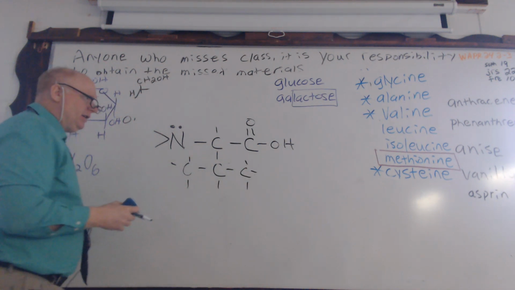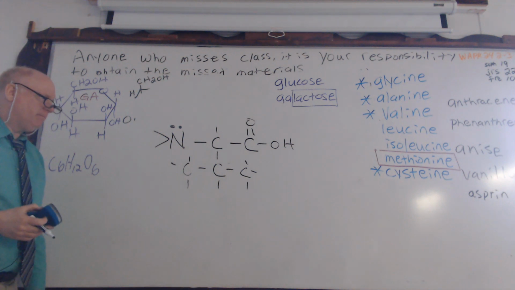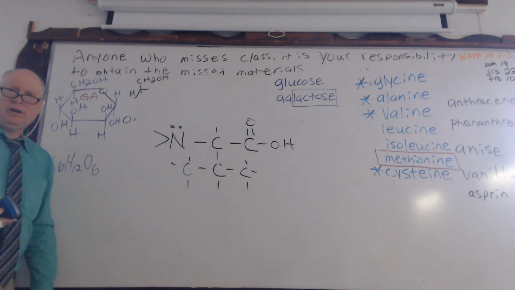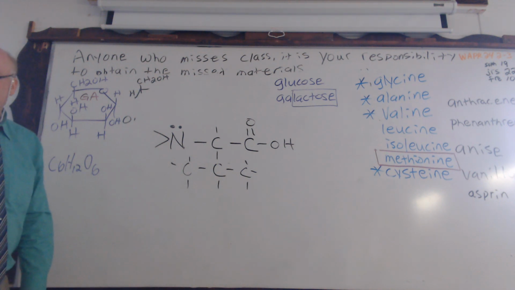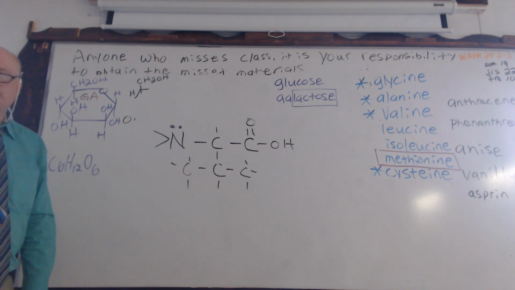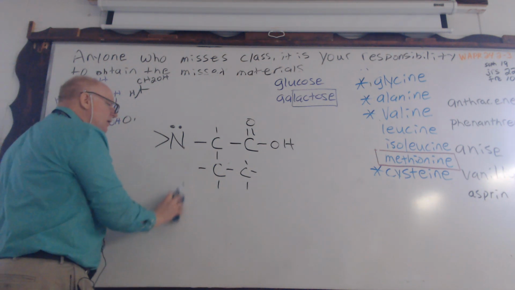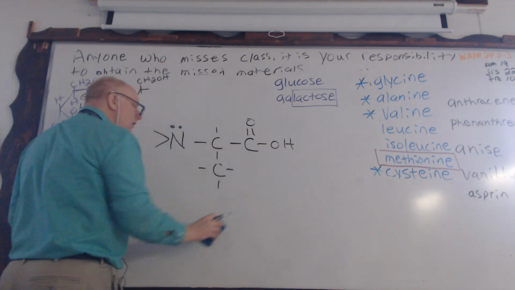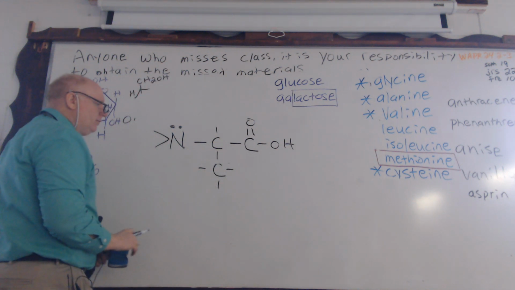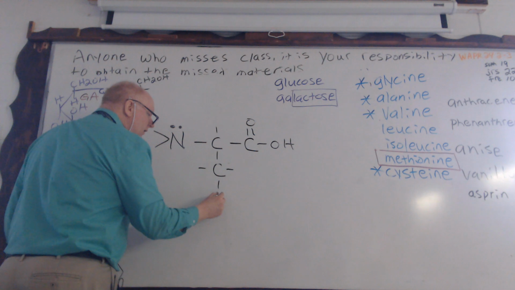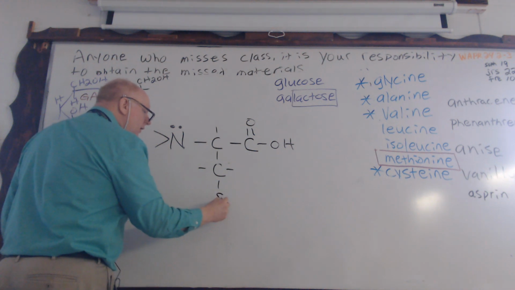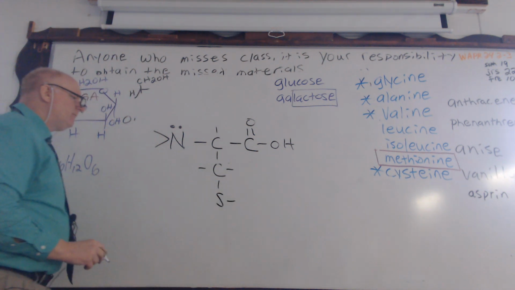Now we've got valine. Okay? Does anyone want to take a guess on how we draw cysteine? We're going to take these 2 carbons off like you just said. Okay, we're going to add an S here. That's right. Okay.